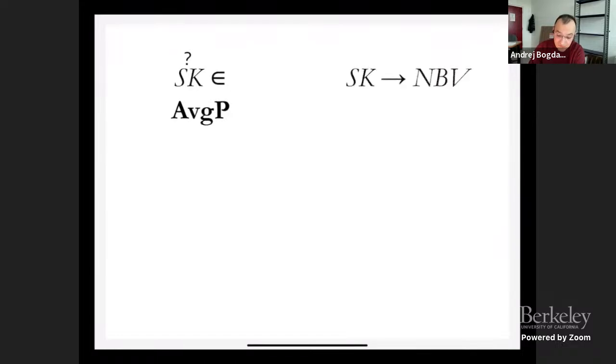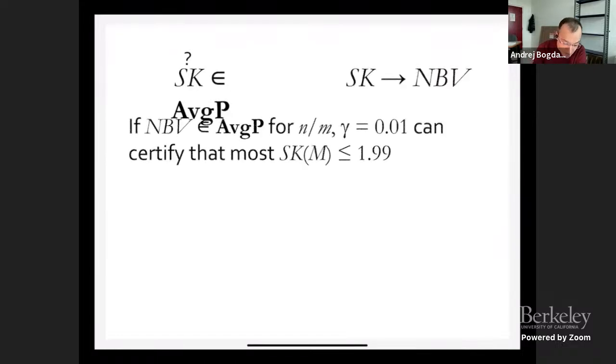My slide is a bit messed up here, but what Mohanty, Raghavendra, and Shu were motivated by was exactly this question. They asked, is there an errorless heuristic for this problem? The way that they try to tackle it is by giving a reduction from Sherrington-Kirkpatrick to the nearest Boolean vector problem.